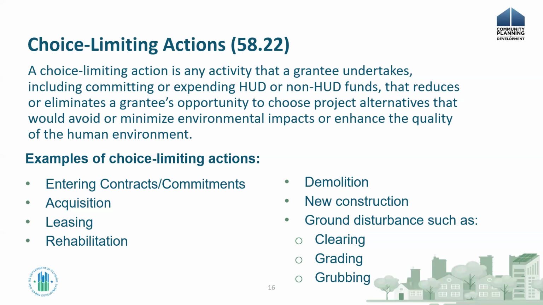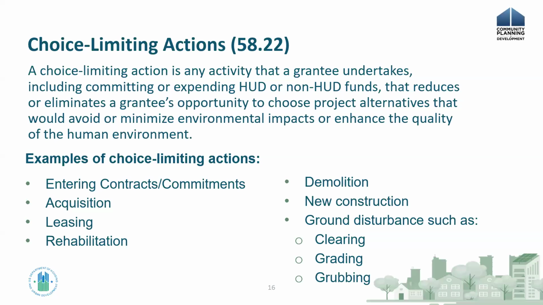So these are all examples of choice limiting actions that cannot be taken after the federal nexus until the environmental review is complete. That's the whole purpose of the environmental review, to evaluate a site and its conditions before you take those actions.